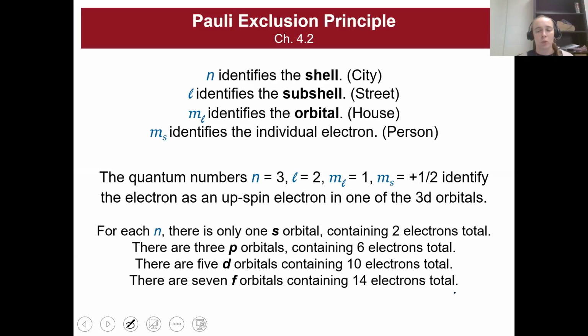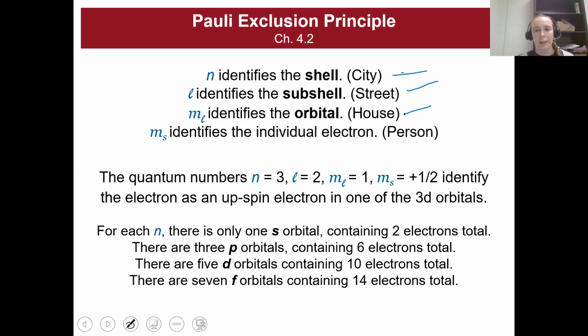in that orbital. So if we look at an analogy here, it's like the shell is the city you live in. Then we have to narrow it down a little bit. The street that you live in is the subshell. So the street is within the city. And then on that street, it's your house. So the house is on that street in that city. So we're narrowing down our location.